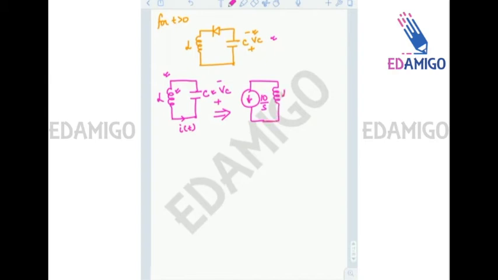So this is your inductor L, this is your capacitance C, this is your IS, and this is your VCS. Okay, now let us assume that this is grounded, so this node will be at voltage VCS because this is minus, this is plus VCS. Now KCL at this node A, for example. We know that the incoming current is 10 by S and the outgoing current will be VCS upon SL.